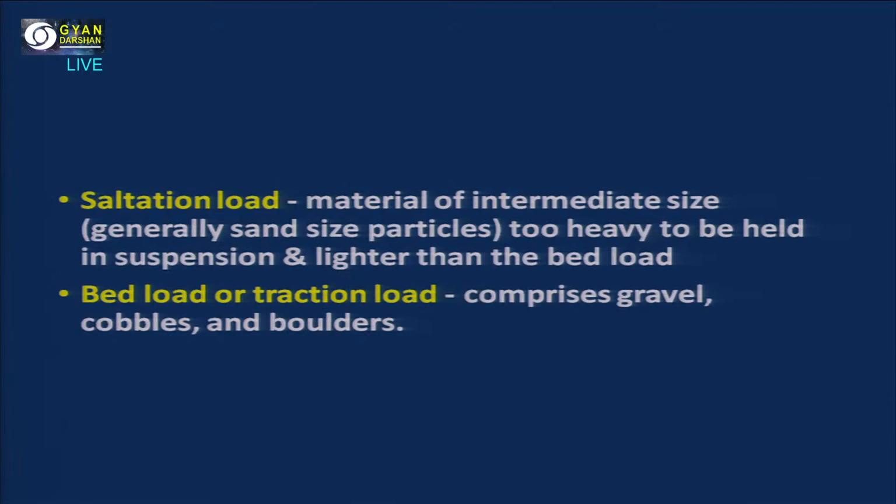Then further there is the saltation load and the bed load. Saltation load is material of intermediate size, too heavy to be held in suspension and lighter than the bed load. In the case of bed load, the water carries the materials along its river bed, and these materials collide with each other and erode the materials.